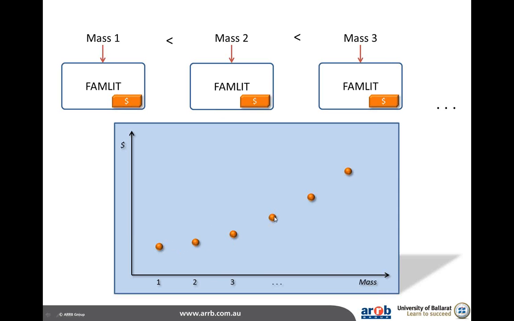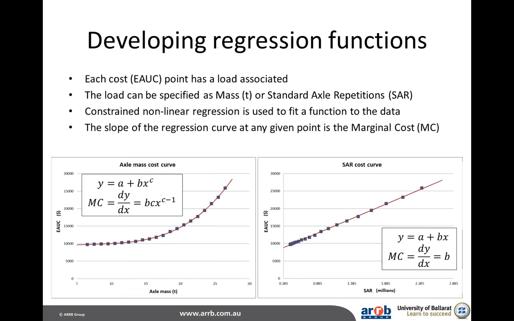As we increase the masses, we should be getting an increase in life cycle cost for that fleet at that mass. So the previous slide showed us the basic points of how we get that load wear relationship.